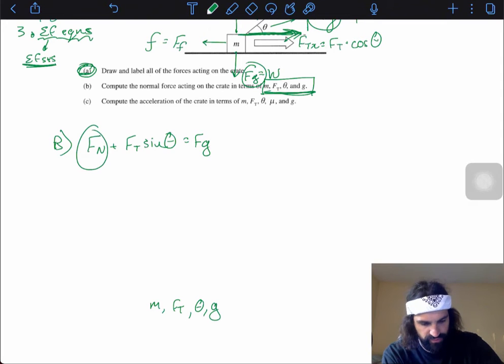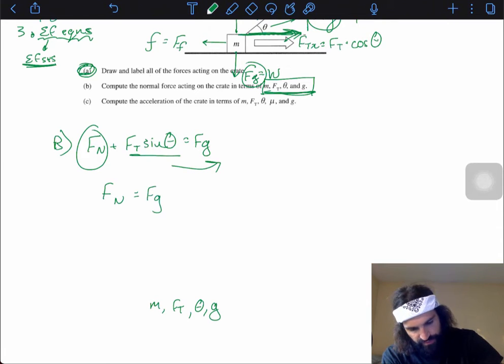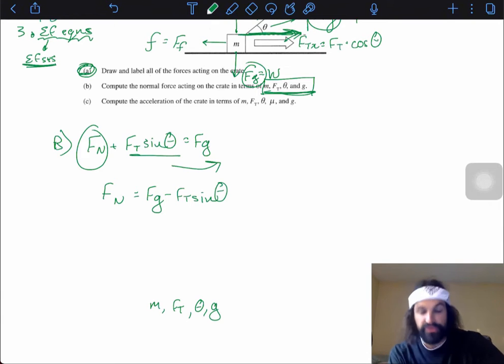So we're solving for normal force. I'm going to bring tension sine theta to the other side, or subtract it from both sides, and I'm going to find that the normal force equals Fg minus Ft sine theta. So the question is, does our answer fall within our requirements?